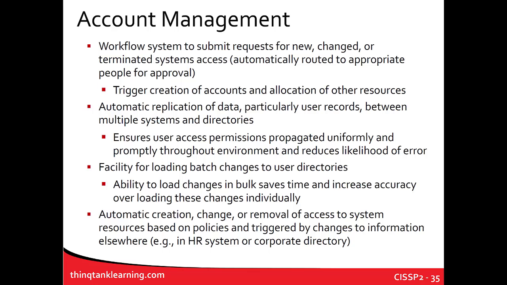Not quite the last bullet point here. Automatic replication of data, third bullet point, I should say. Particularly user records between multiple systems and directories, right? What does that mean? That means that user data should be automatically synchronized across systems and directories to maintain consistent access permissions, right?